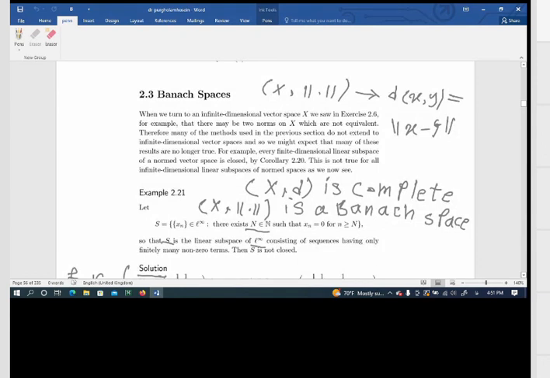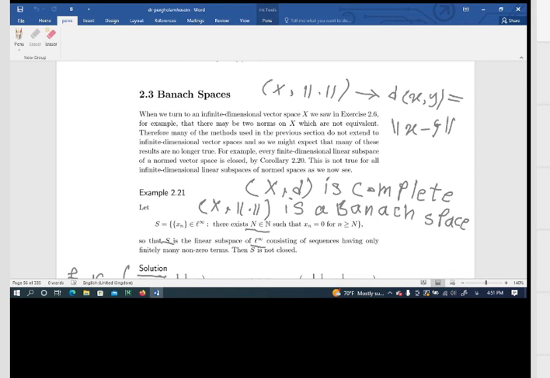Banach spaces. Here we are dealing with Banach spaces, and these are very important spaces. In fact, a Banach space is a normed space in which the metric d(x, y) induced by the norm is complete.